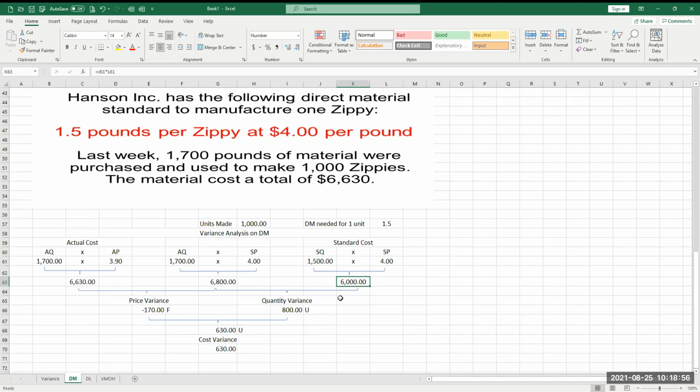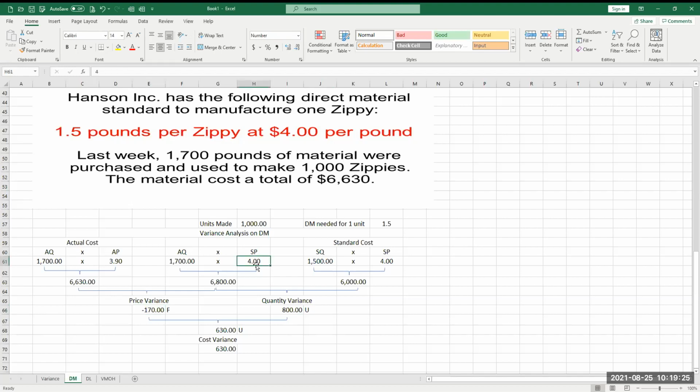In reality, I'm using more materials. I'm using 200 more pounds. Because I'm using 200 more pounds, I'm spending $6,800, or I'm spending $800 more. So my quantity variance, because of using more quantity, is unfavorable. I'm spending more money, $800.